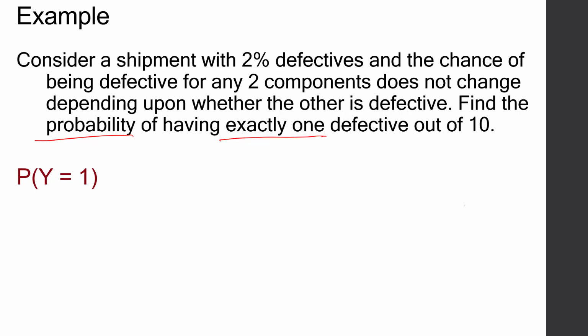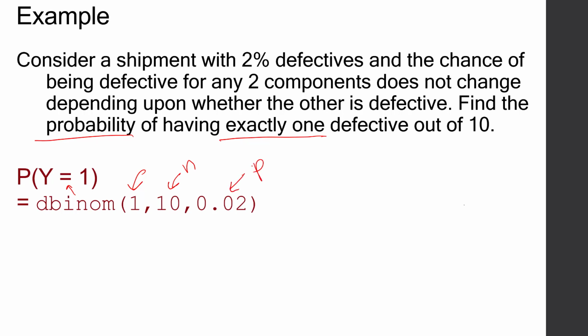Now that we know we want to find the probability of being equal to, we have an R function for that. Specifically, that's our dbinom function. So we're going to use dbinom of our number of interest, 1, our sample size, 10, and our probability of a success, which is 0.02. 2% defectives, 0.02 is our probability.